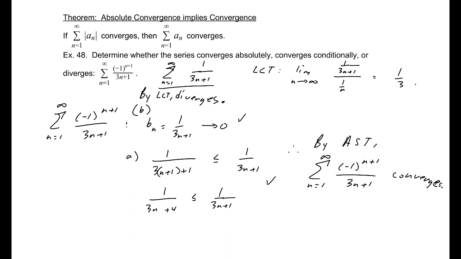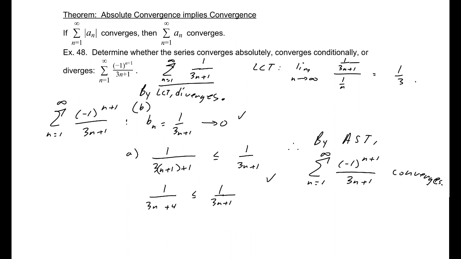Okay, now let's revisit. In this first portion, we looked at the absolute value of a sub n. That sum diverged by our limit comparison test. But without the absolute values, the alternating series test tells us that it converges.